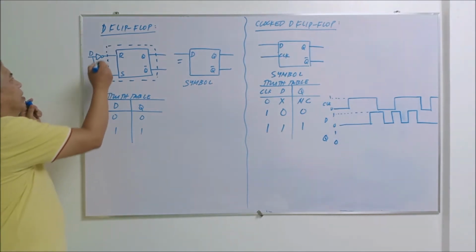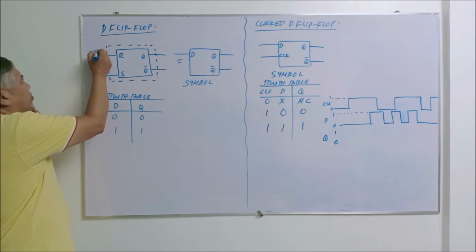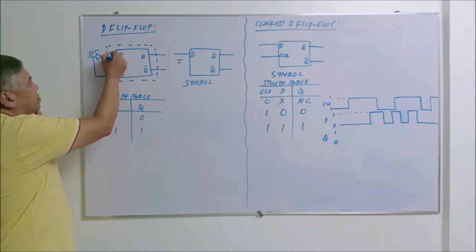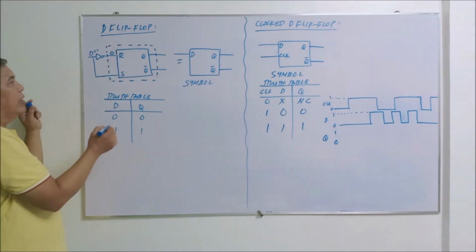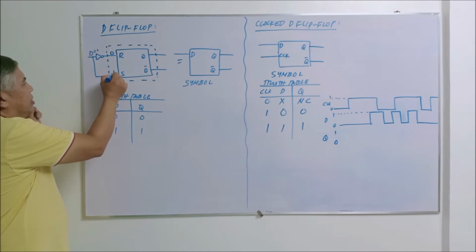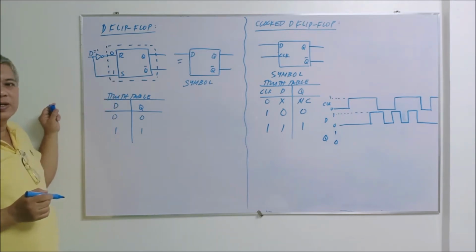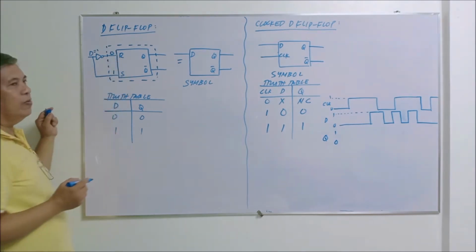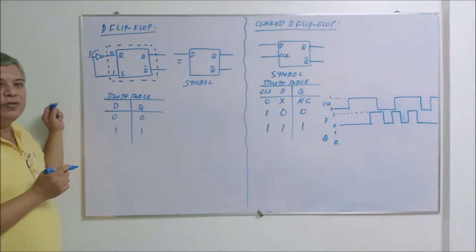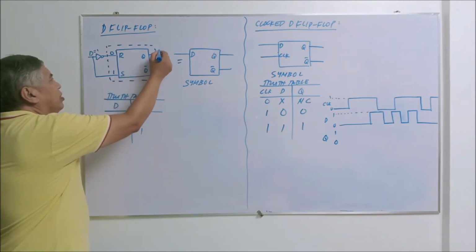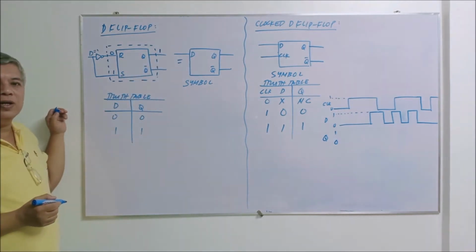For example, if your D here is equal to 1, then the output of your inverter is 0. And since D is directly connected to S, then S will be equal to 1. Then since the inputs R and S are 0 and 1, and they have different values, therefore S implies Q, your Q becomes 1.